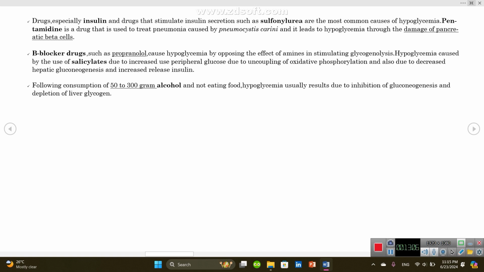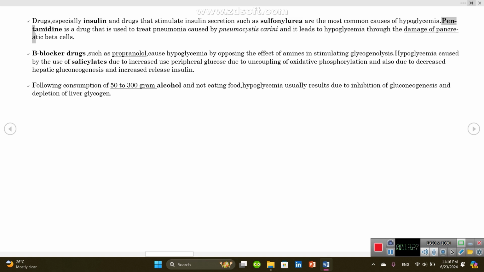Drugs, especially insulin, and drugs that stimulate insulin secretion, such as sulfonylurea, are the most common causes of hypoglycemia.